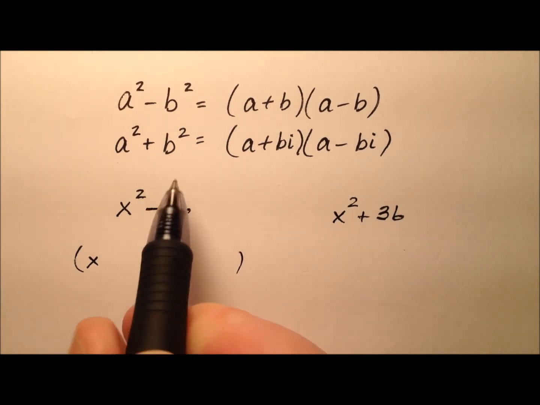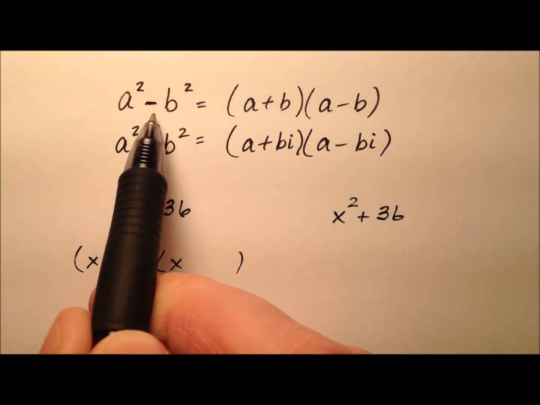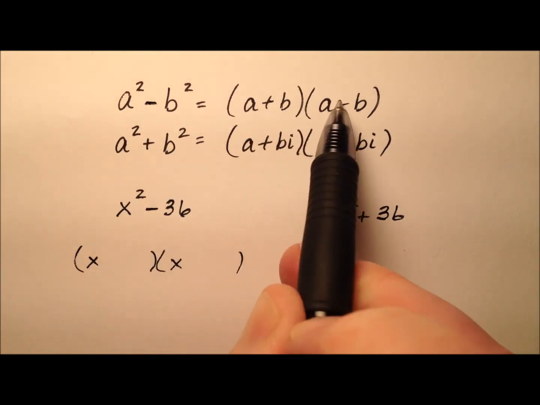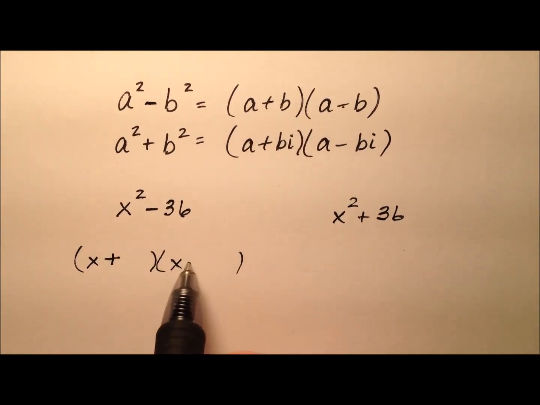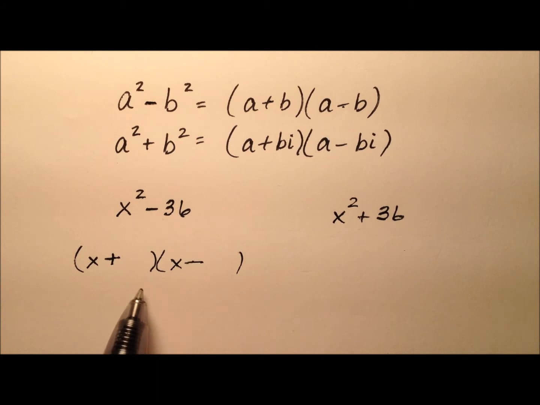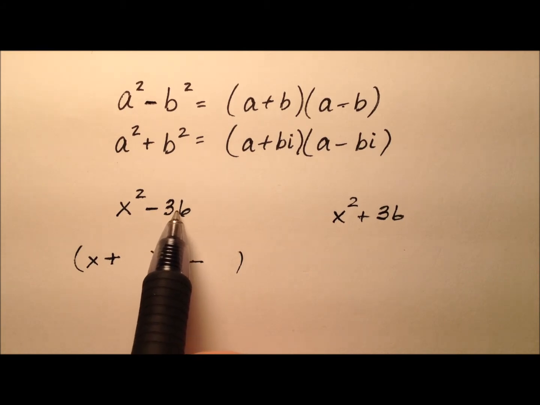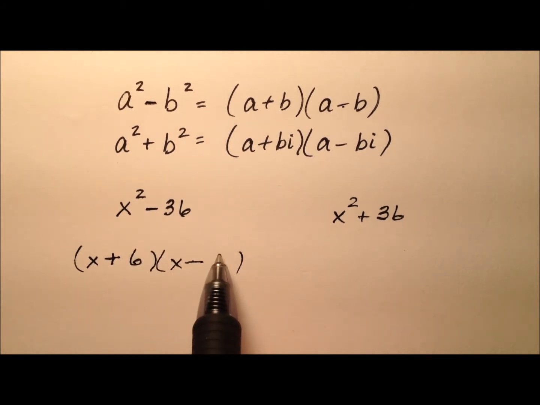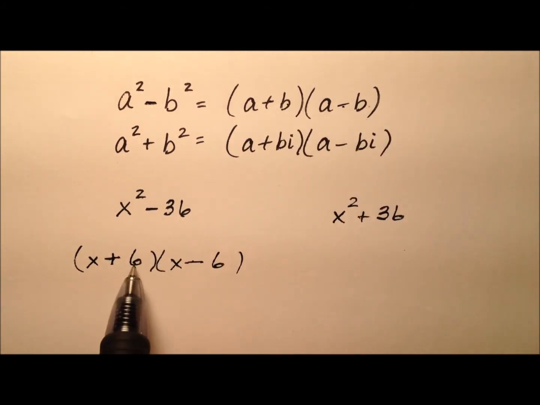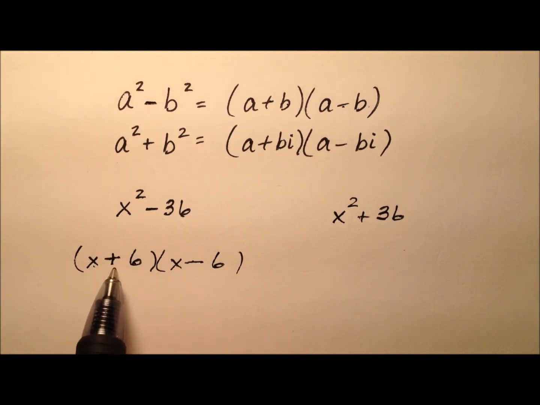And we're subtracting, so this will be the difference of two perfect squares. So we have one addition and one subtraction. And again, the order that you put those in doesn't matter. This one could just as easily be subtraction, and this one could just as easily be addition. And then the square root of 36 will be 6. So our b value goes last: (x plus 6) times (x minus 6).